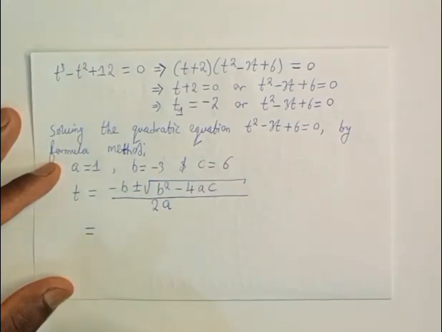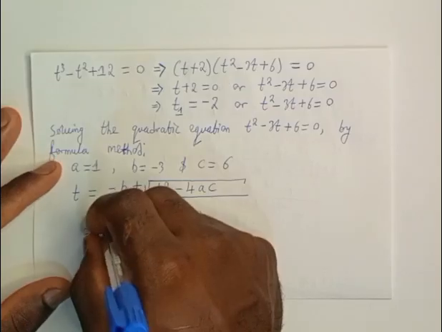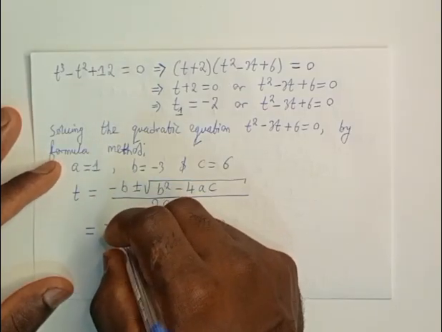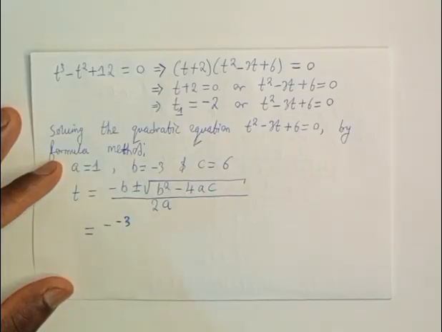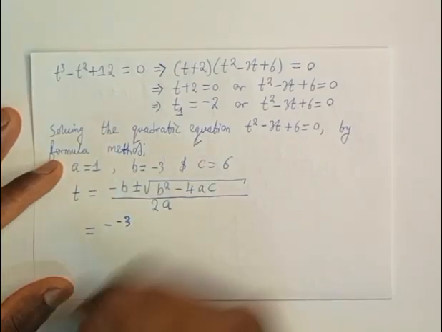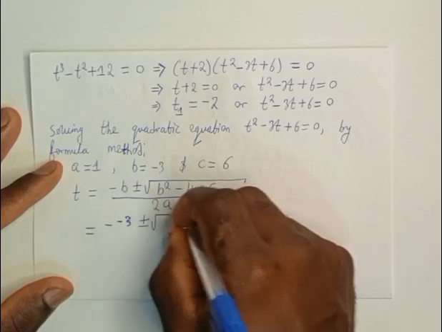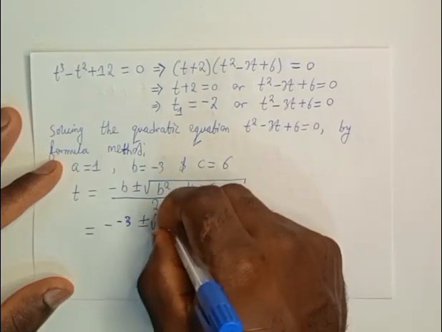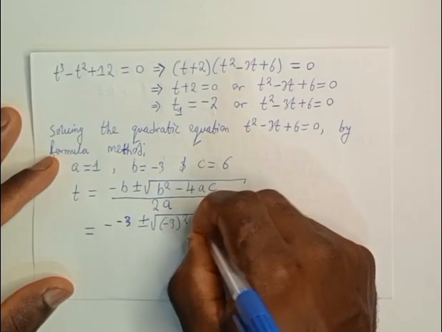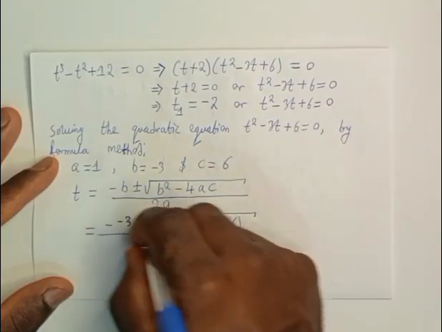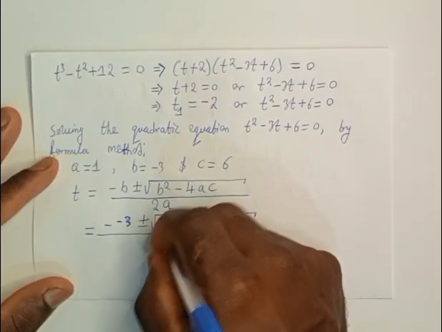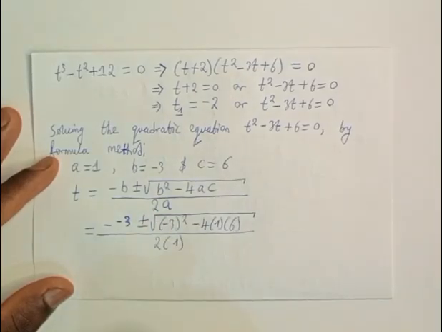This will simply be equal to, we are going to replace a, b, and c with their respective values. This will give us negative times b, which is negative 3, negative 1 times negative 3, plus or minus the square root of negative 3 squared minus 4 times a, which is 1, times c, which is 6. Then we divide all this by 2 times a, 2 times 1.